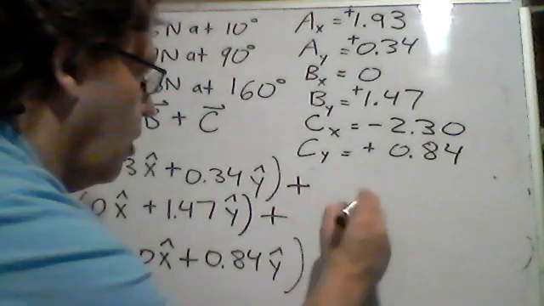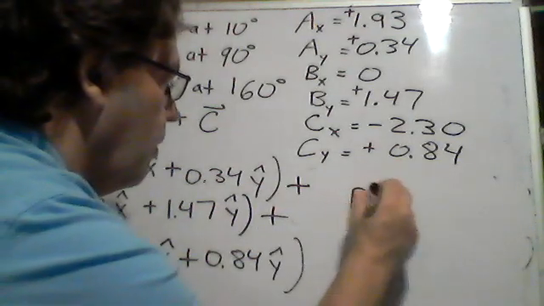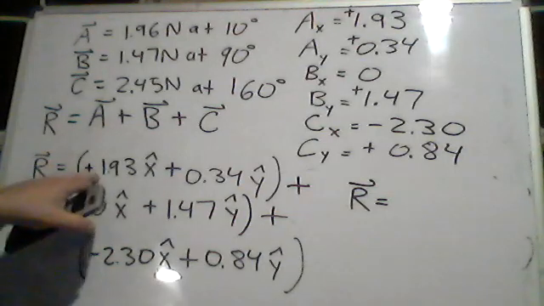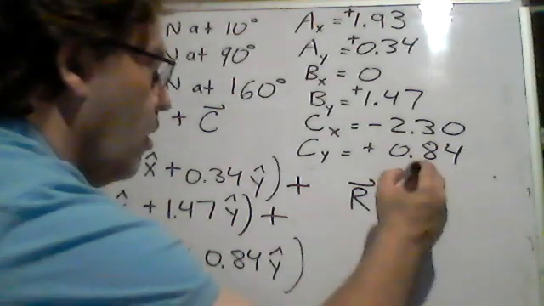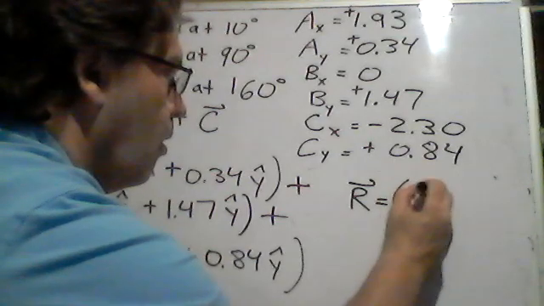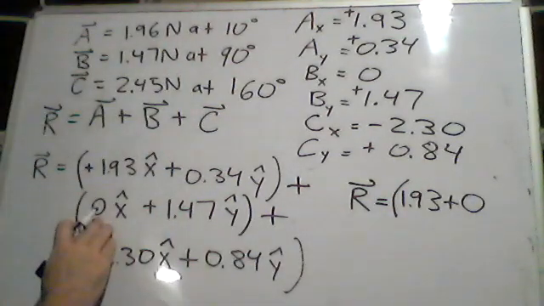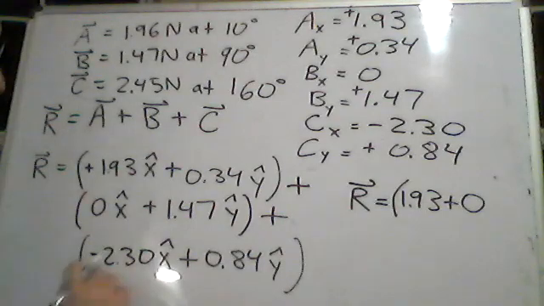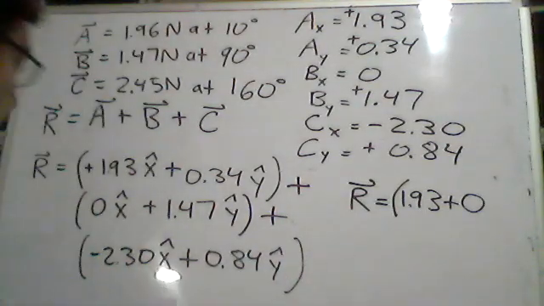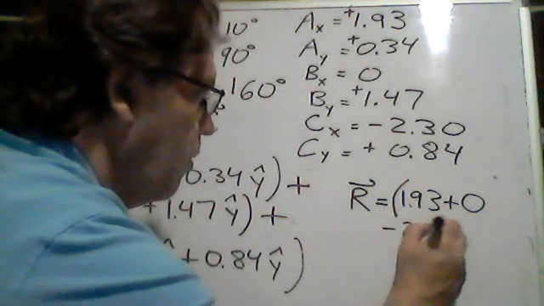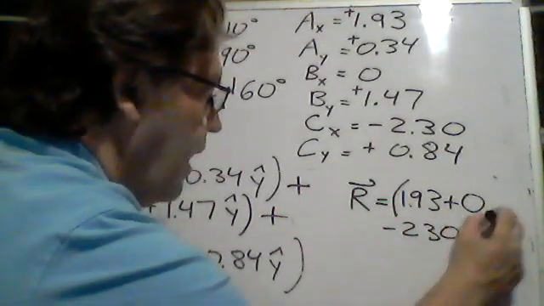I get that R. Okay, so what am I going to do? Well, all my x's: 1.93 plus 0, the contribution from B, minus 2.30, x hat.